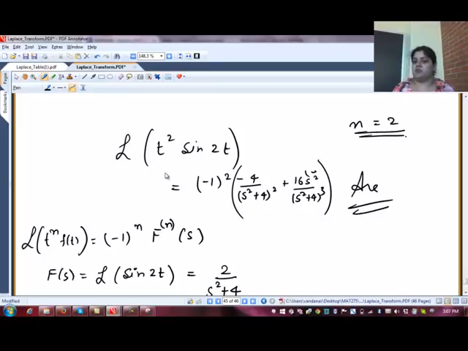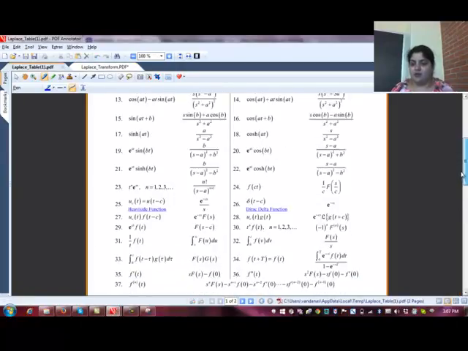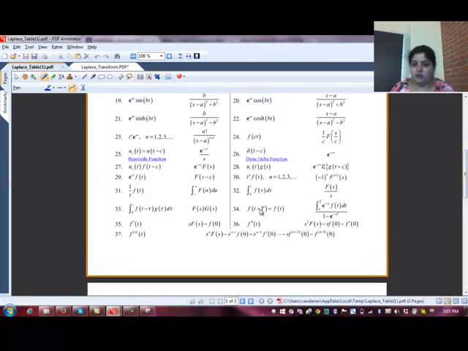So this is the expression for this Laplace transform. This notation here means the nth derivative of the Laplace transform of the function.